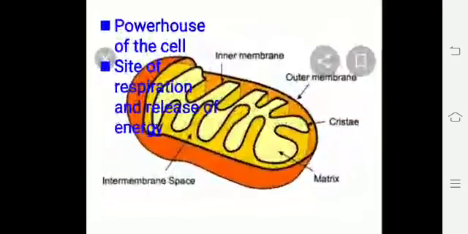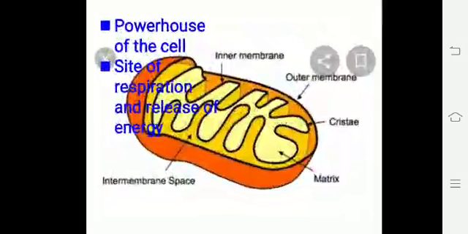The next one, mitochondria. It is a cell organelle. My dear students, what is its structure? It looks like a rod-like structure, sometimes a badminton-like structure also you can see here. Mitochondria has a double membrane, an outer membrane and an inner membrane, and the inner membrane has finger-like projections inside, which are called cristae.